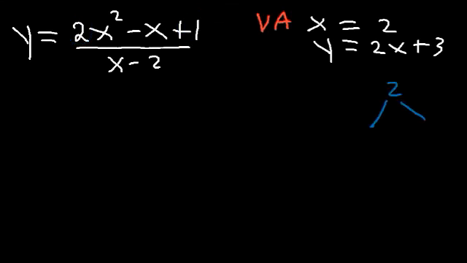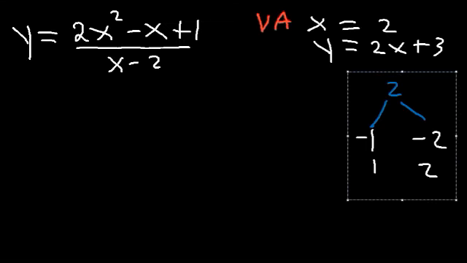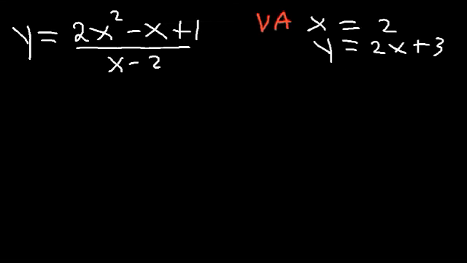Now what two numbers multiply to 2 but add to the middle coefficient, which is negative 1? The only numbers that multiply to 2 are negative 1 and negative 2, or 1 and 2. None of these add up to negative 1, so we can't factor it, which means that x minus 2 is likely not a factor.